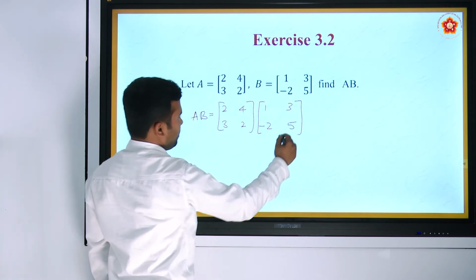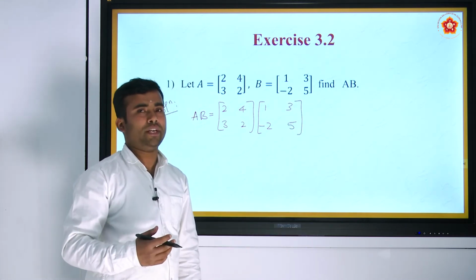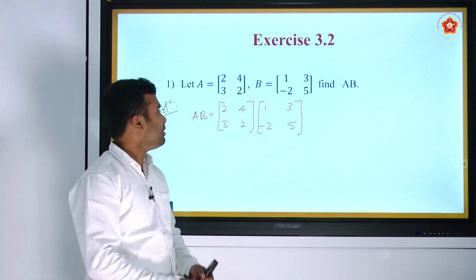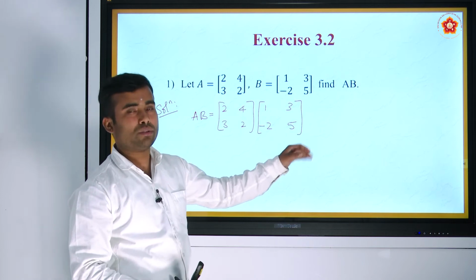While doing matrix multiplication, one thing we should observe is that the number of columns of the matrix should be equal to the number of rows of the other matrix.